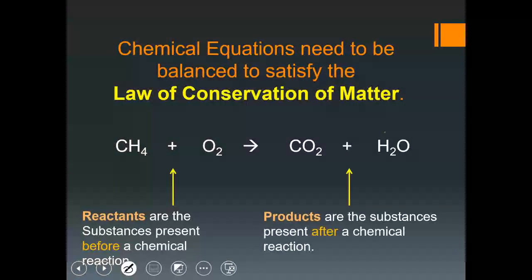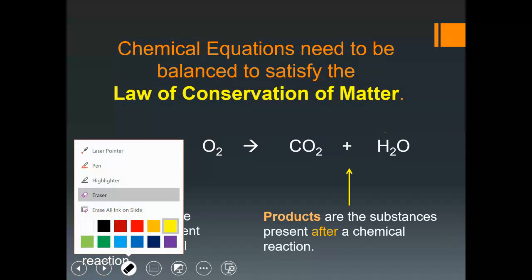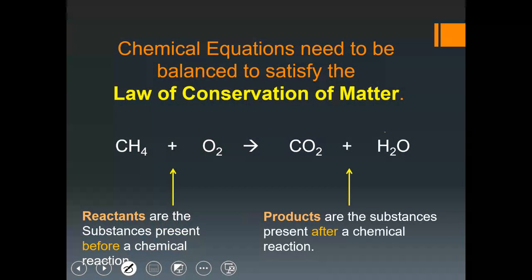But those new substances are just made by breaking bonds, like we're going to break the bond between the carbon and hydrogen. And then carbon's going to join up with some oxygen, and the hydrogen's going to join up with some oxygen. So, we're not talking about the exact same substances, but the number and type of atoms before and after the reaction has to be the same.